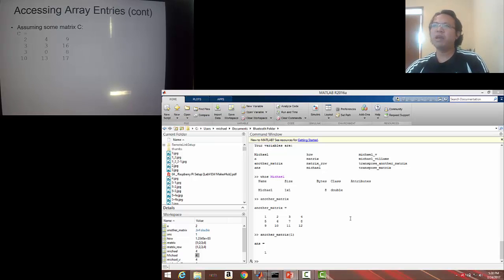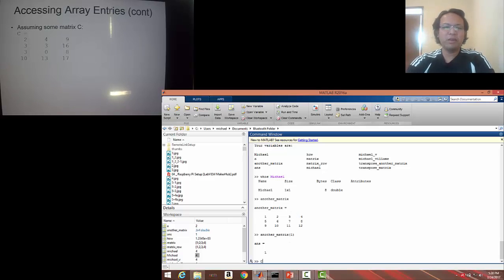Assuming some matrix C is equal to this one, we can also use our own, but if you want that one, we can write that C is equal to 2, 4, 9, 9, 3, 3, 16, 3, 0, 18, and 10, 13, 17.